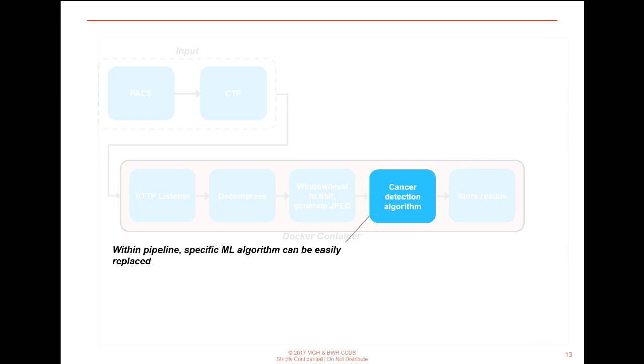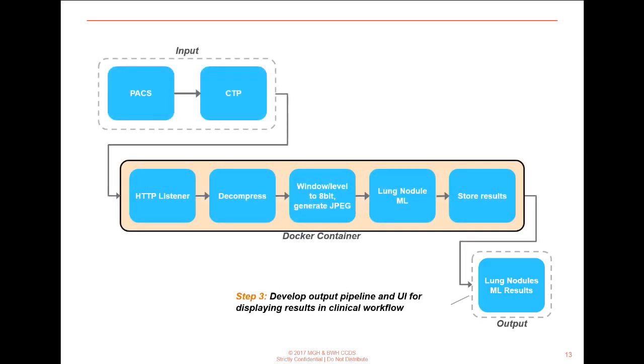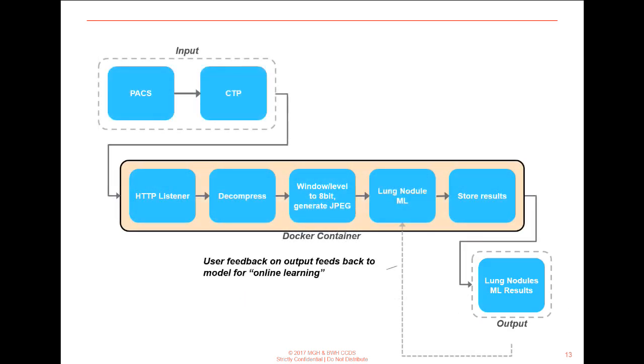And the thing is, you can actually drop all sorts of things into that workflow. So you can drop in a cancer detection algorithm or any number of the algorithms that you've created or others have created. And then once you have the results out, you can capture those results and capture that feedback for online learning. So you can actually improve the model as it moves forward.